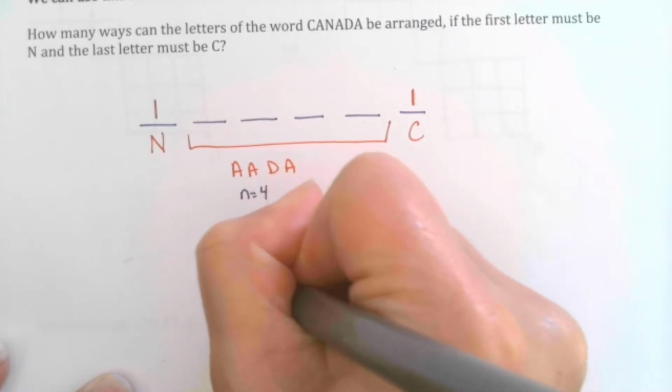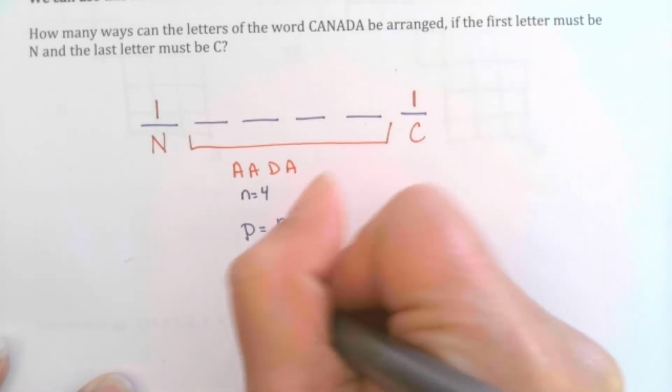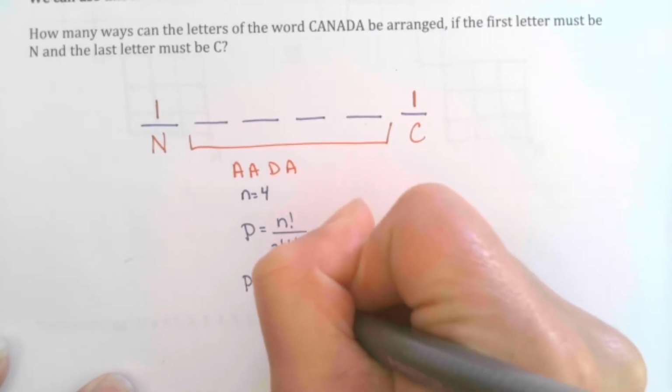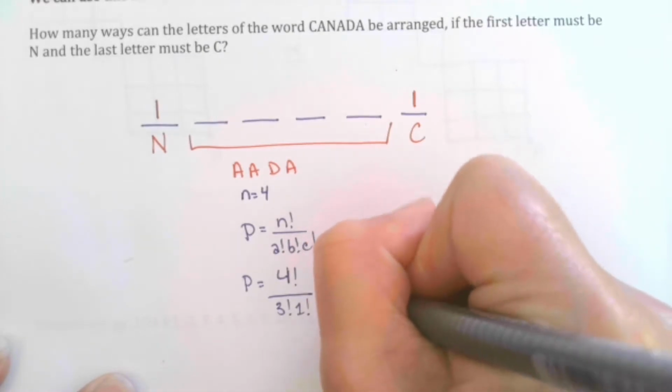So this is going to be 4 factorial over, there's 3 A's and technically 1 D, although we don't have to put the 1 in there. So 4 factorial over 3 factorial is going to just equal 4.